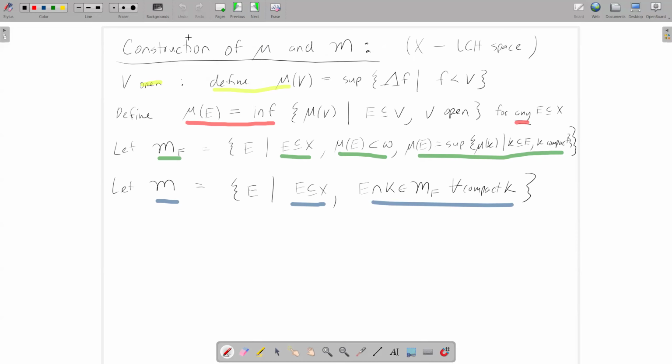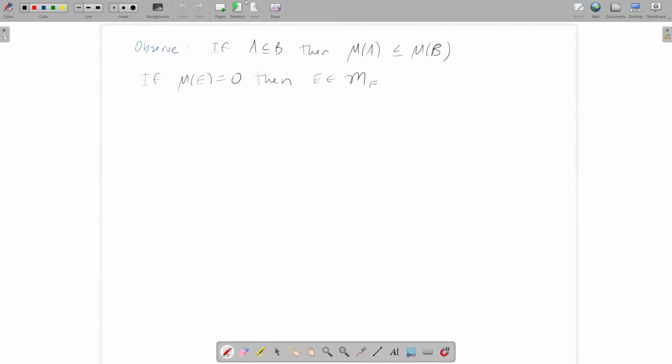The measure will still be zero. So it's still in MF, and so we actually get that it's in M as well, and therefore E is in M as well. Okay. So all sets of measure zero are in the sigma algebra M. Okay.